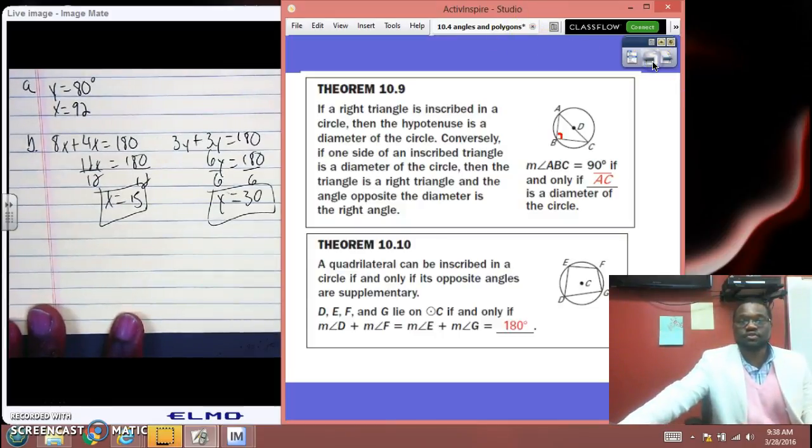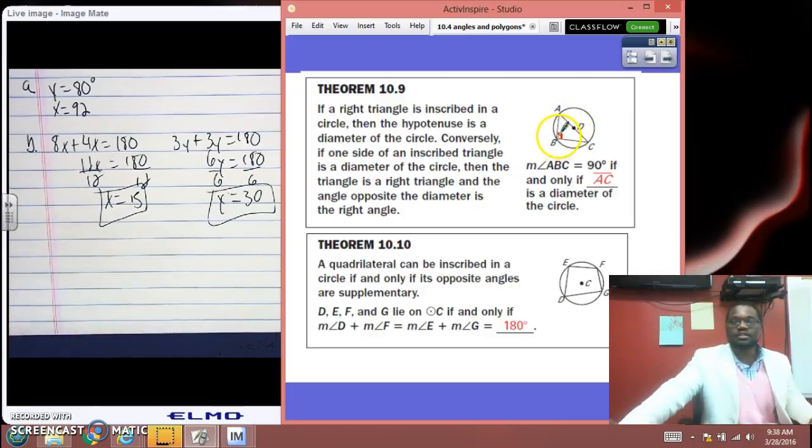Okay, so quick review. You've got a theorem that says if your inscribed angle is 90 degrees, then the endpoints of the intercepted arc have to be on the ends of the diameter, because that's going to be 180 degrees. It works both ways, backwards and forwards. Inscribed quadrilateral, opposite angles are congruent.